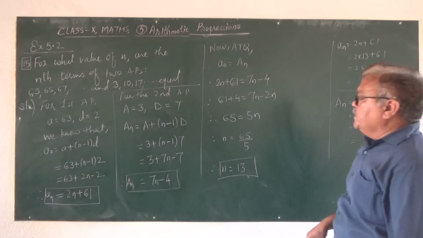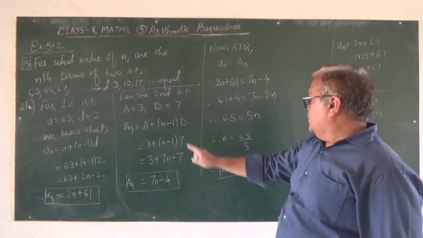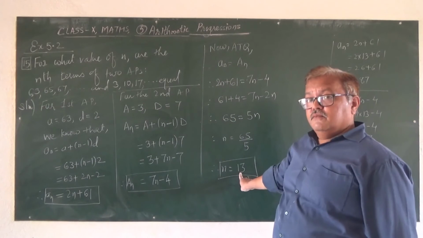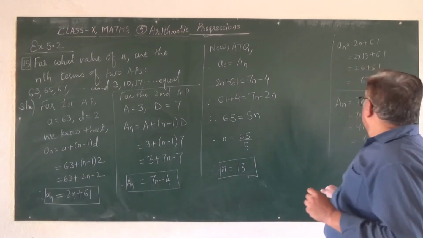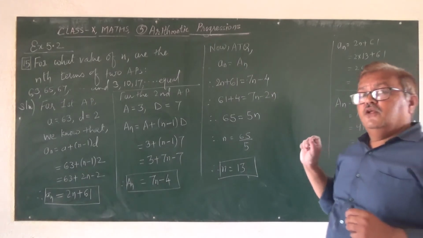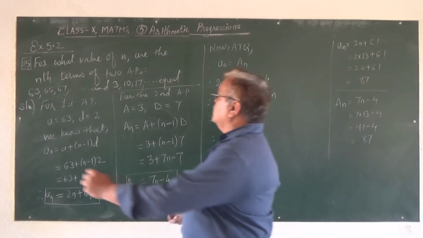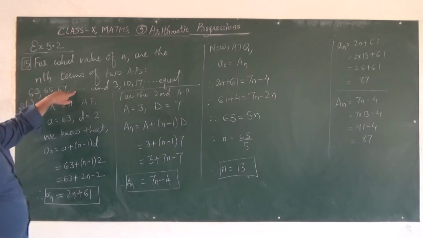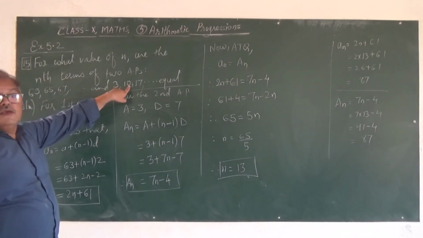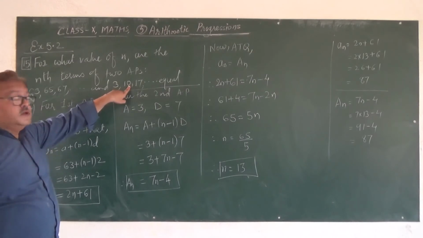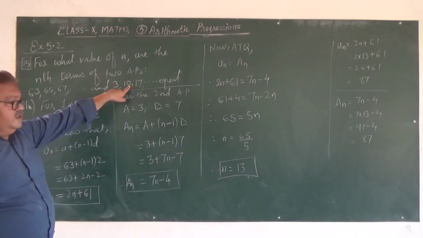Did you understand? It means in both APs the 13th term has the value 87. In this AP the 13th term will be 87, and in this AP also the 13th term will be 87.